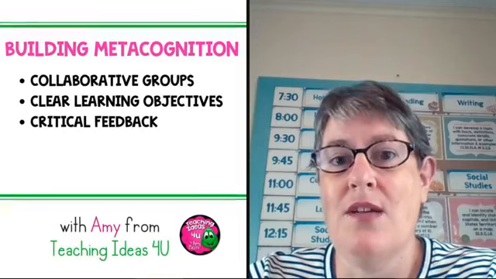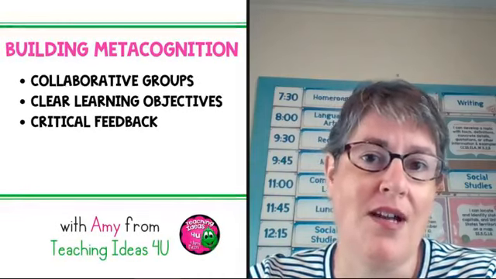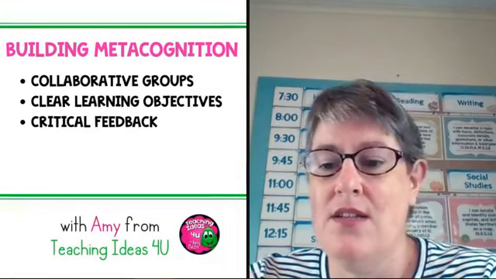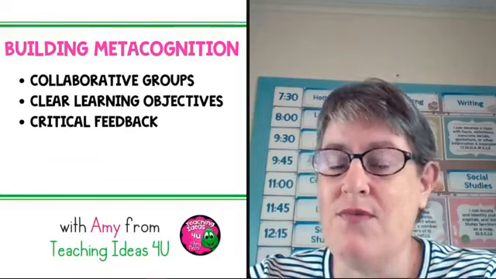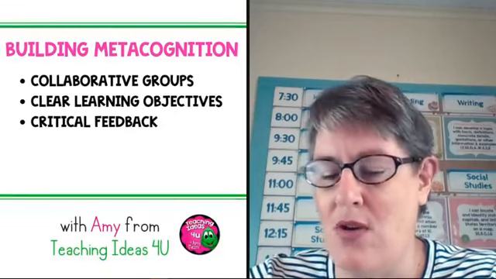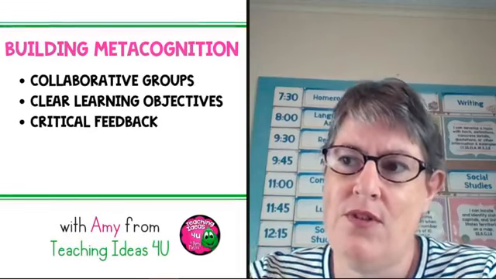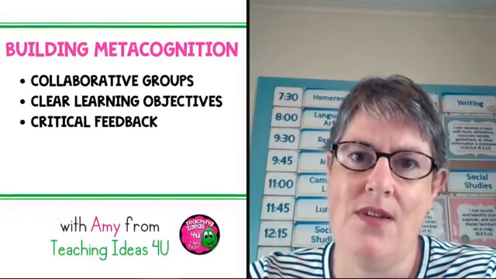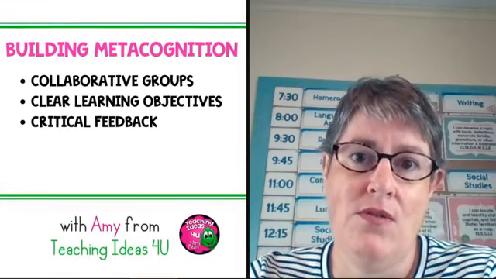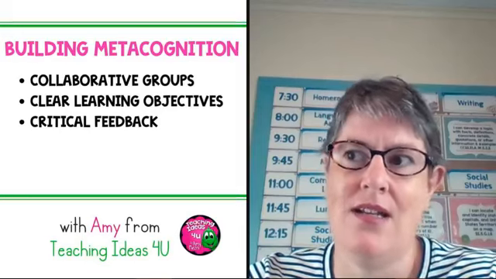When you start breaking up into small groups, you might want to put the students who are still having a hard time giving critical feedback in a group where you can go and model in a smaller group, if the other kids have already caught on. The trick with critical feedback is you have to show them that it's safe to be critical and to be critiqued, that it's not a personal attack.